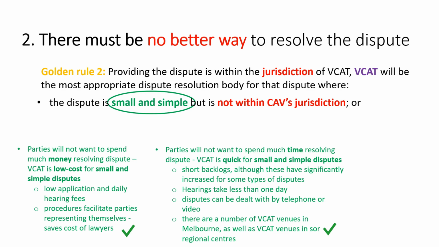However, when a small and simple dispute is heard by VCAT, VCAT is very efficient at dealing with it. Most hearings of small and simple disputes take less than 1 day. In addition, the fact that disputes can be dealt with by telephone or video as well as in person minimises the time that the parties need to spend in participating in the dispute resolution process.